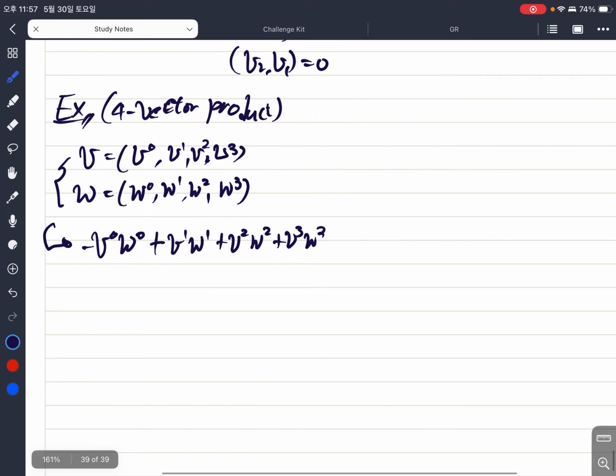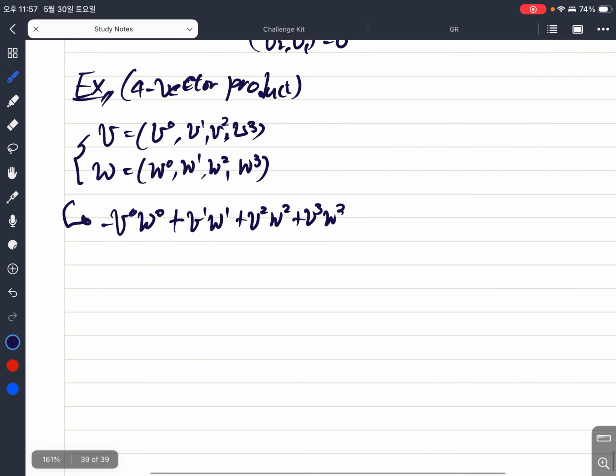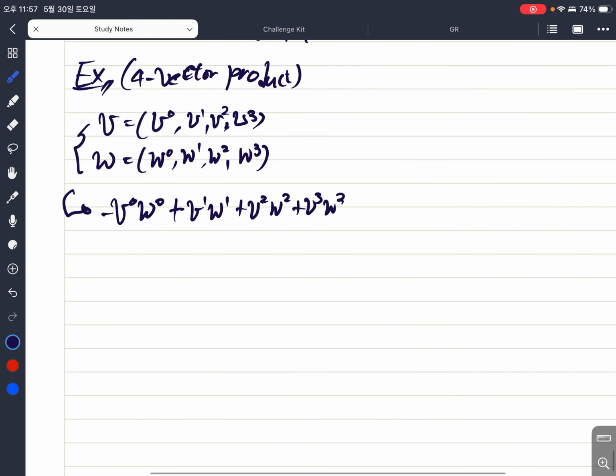This is called the Minkowski inner product or Lorentzian inner product. But in fact, this is not a bona fide inner product. So let us see what an inner product is.